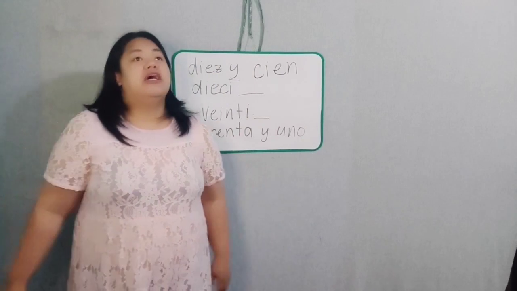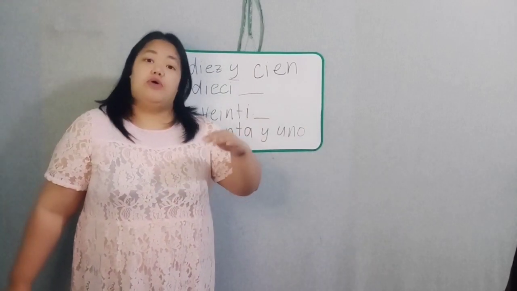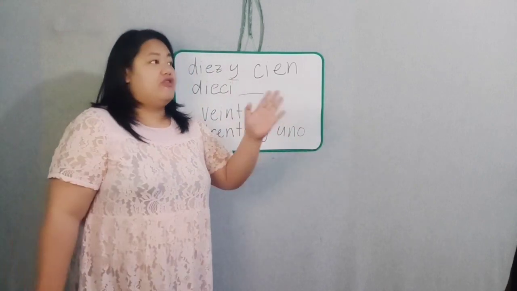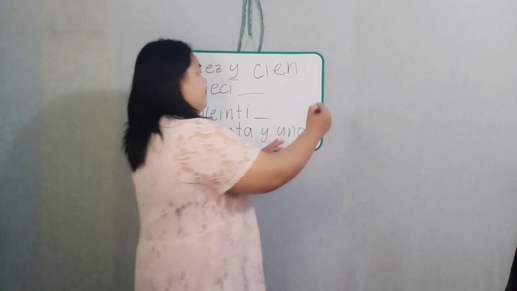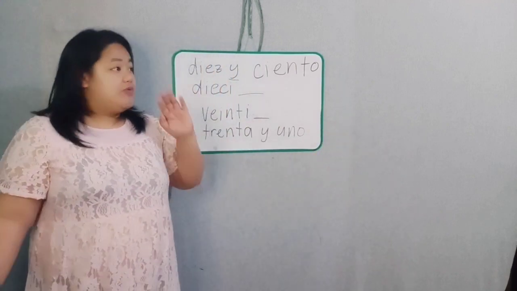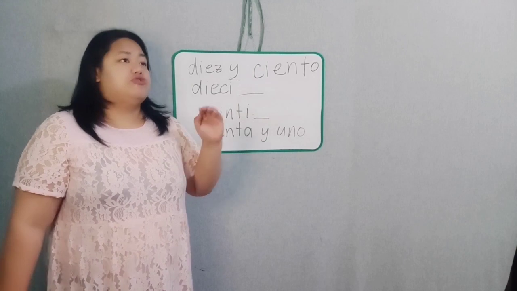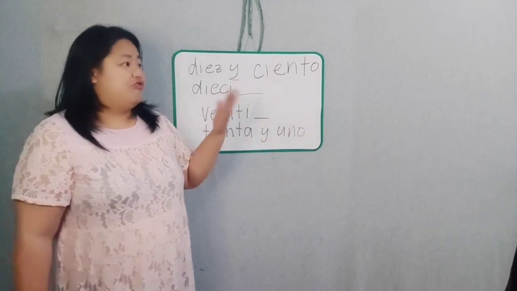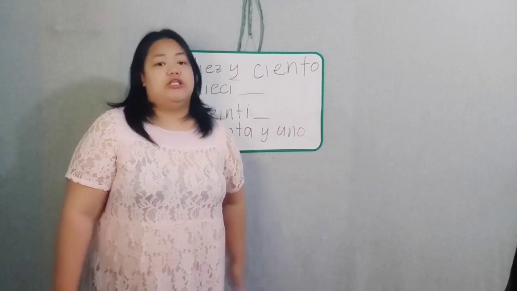Now, if there is like 120, it's ciento veinte. So you'll put TO if it's not just 100. So if it's 100, cien. Then if it's more than 100, there should be ciento. So it's 101, 102. That's how you read your 100.